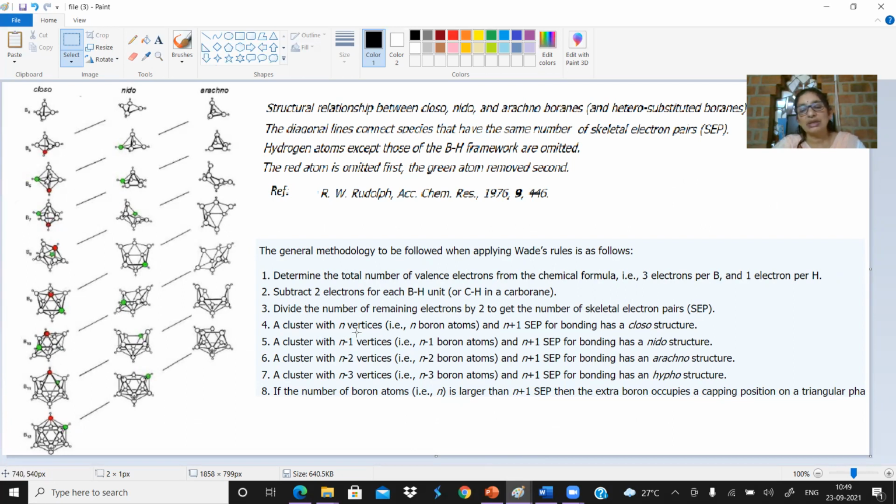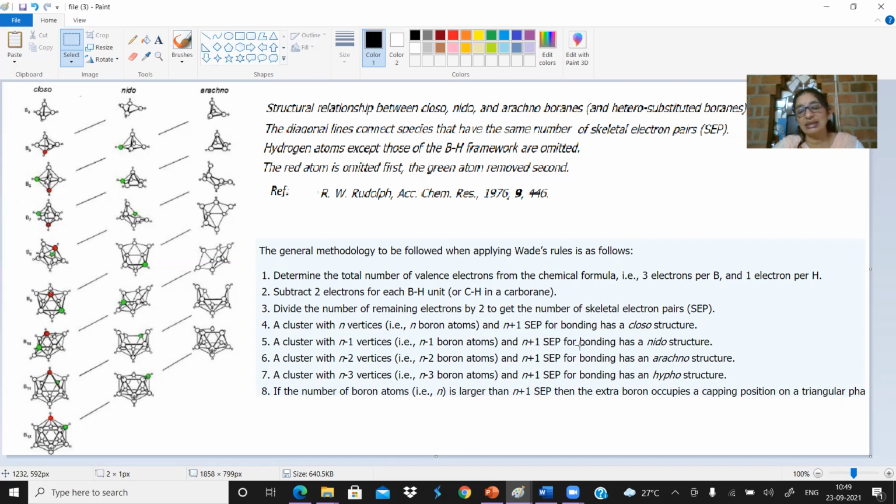Now, a cluster with n vertices and n plus 1 skeletal electron pairs for bonding has a closo structure. A cluster with n minus 1 vertices and n plus 1 skeletal electron pairs has a nido structure. So here he has said it in terms of n plus 1 skeletal electron pairs, and correspondingly the number of vertices is reduced. Or, as I said, a cluster with n vertices and n plus 2 skeletal electron pairs has a nido structure.